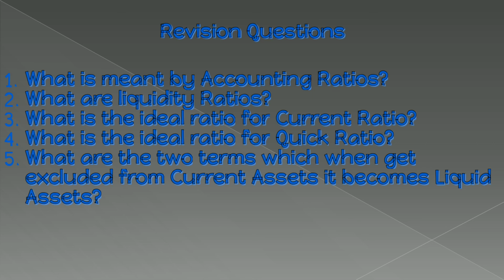What are the two terms which when get excluded from current assets it becomes liquid assets. What are those two terms? Prepaid expenses. So all the questions, I think you are able to answer.